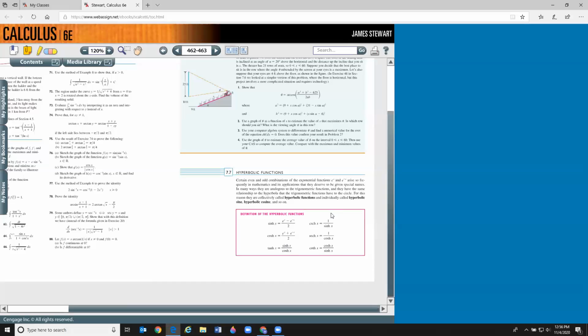And again, the rest of these should look familiar. Cotangent is reciprocal of tan, secant reciprocal of cosine, hyperbolic cosecant reciprocal of hyperbolic sine. Again, these should look familiar because they pretty much, in an identical fashion, mimic what's going on with your standard trig functions.